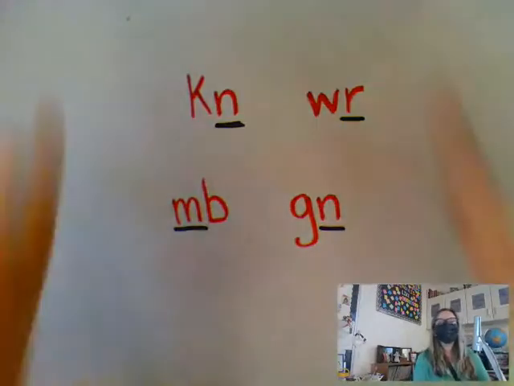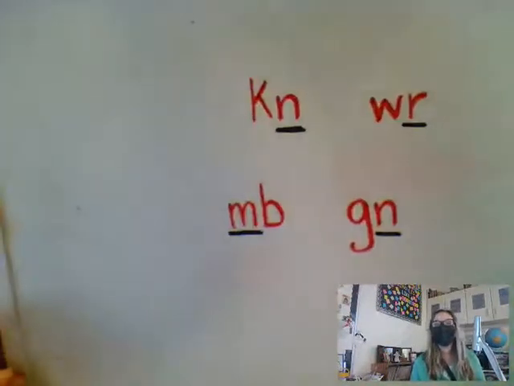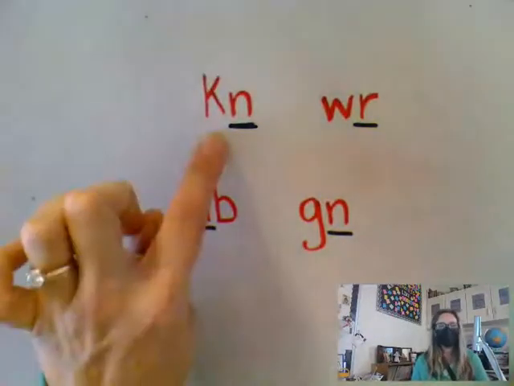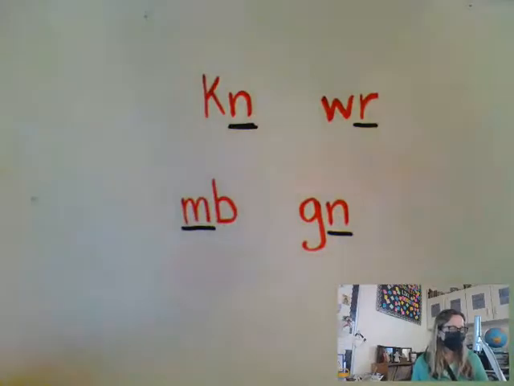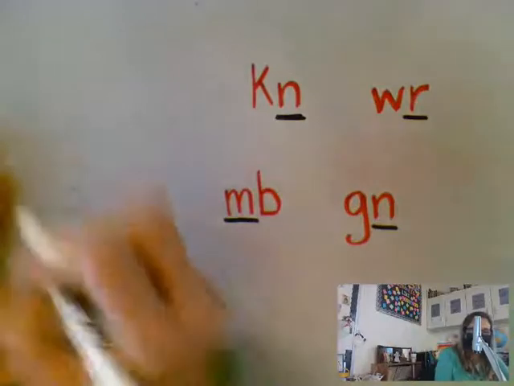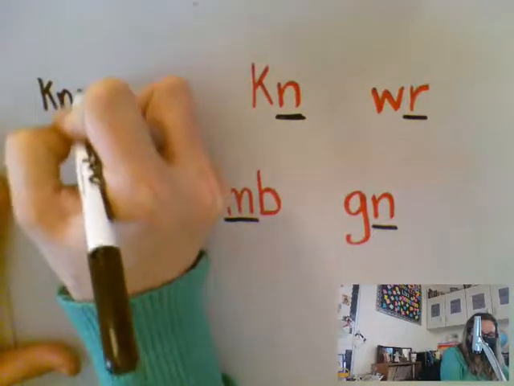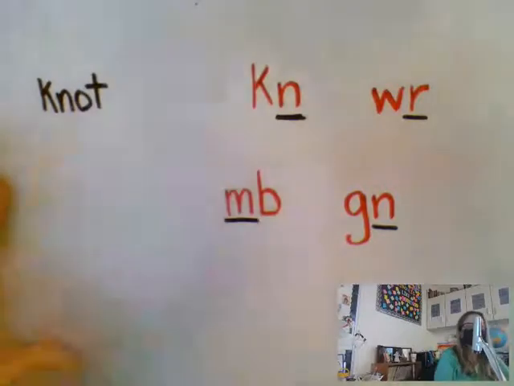Now let me give you some examples of words that use these digraphs so we can practice reading them, okay? Let's take the KN digraph. I need you to tie a knot in this rope. And a knot would be spelled K-N-O-T.